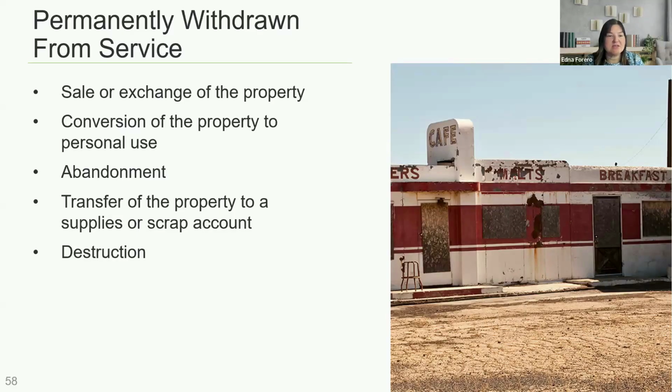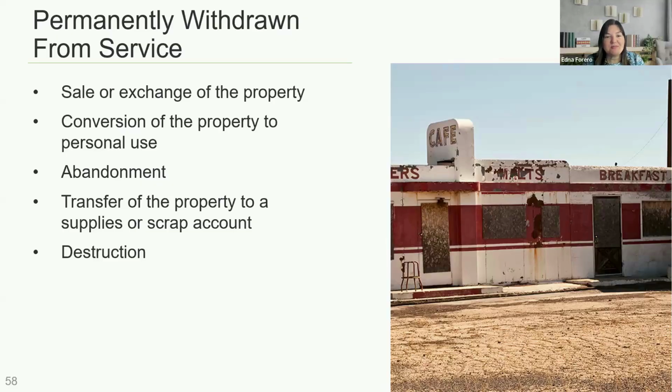And in some cases, as mentioned here on the slide, abandonment or destruction. Maybe you had a building that is no longer serviceable. Maybe you have a lawnmower that you've fixed so many times you can't even count, and it's just not usable anymore. So now you've got to withdraw that from service. You sell it for scrap, or it's already been used completely and you can't depreciate any further.